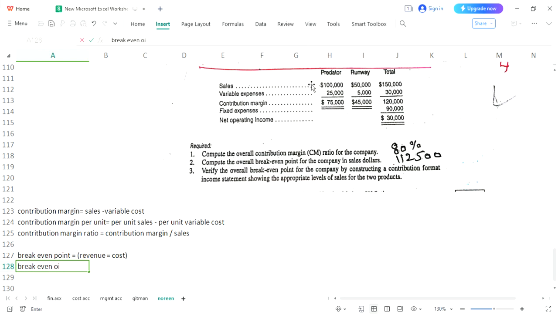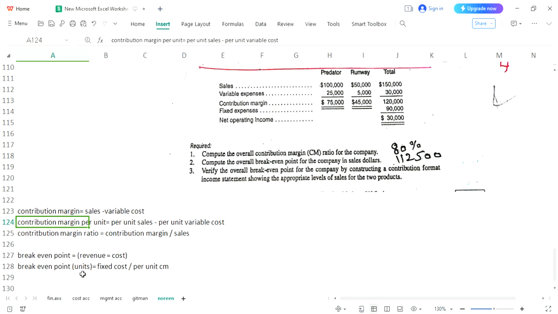If you are calculating your break even point according to units, how would you calculate? Fixed cost will be divided by CM per unit, and CM per unit is what? Contribution margin per unit, which you have already calculated. You will take per unit sale, subtract per unit cost from it, and you will get CM per unit. This same CM per unit would be put over here.